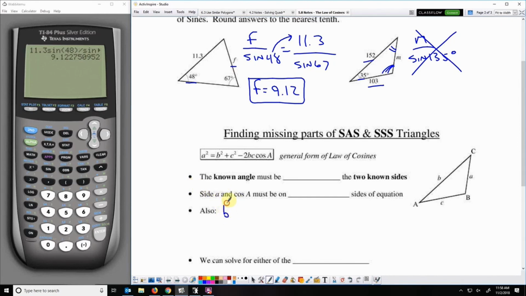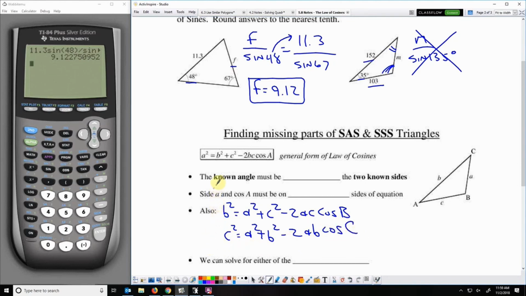So it could be b squared equals a squared plus c squared minus 2ac cosine of angle b, or c squared equals a squared plus b squared minus 2ab cosine c.